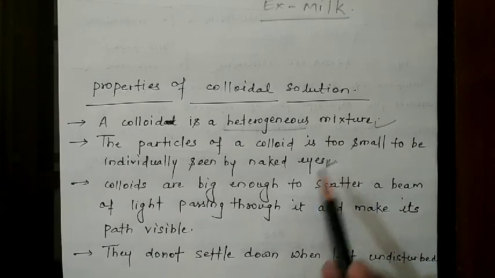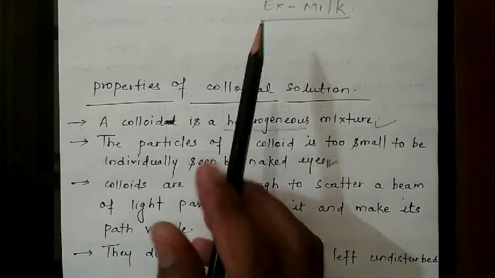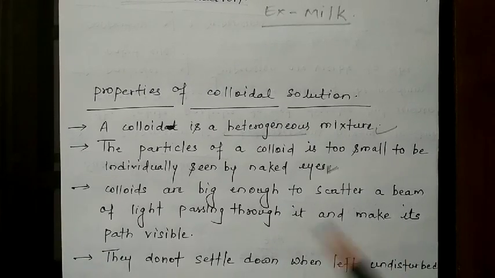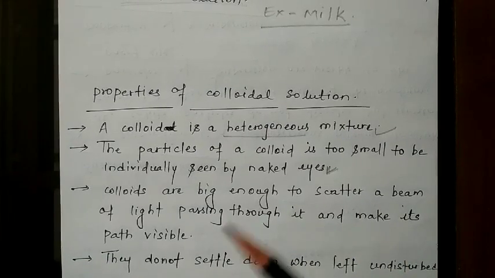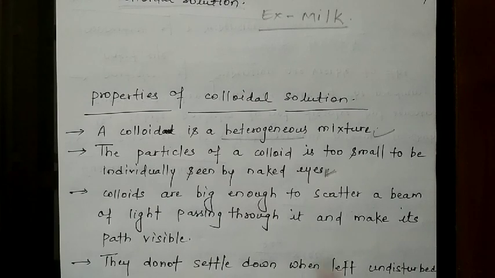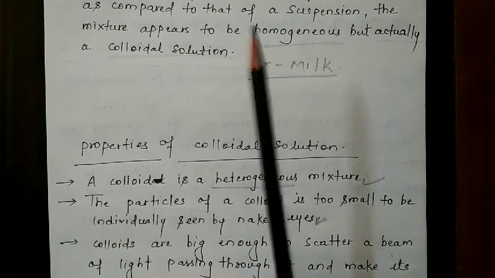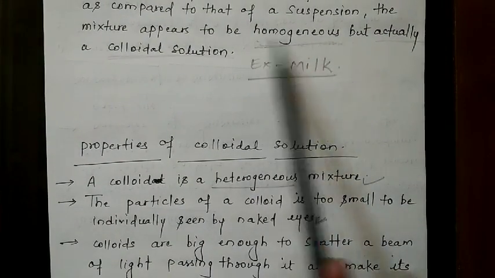As we discussed above, due to the relative size of the particles as compared to a suspension, the mixture appears to be homogeneous in nature, but actually it is not homogeneous.